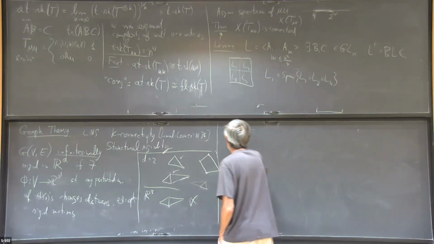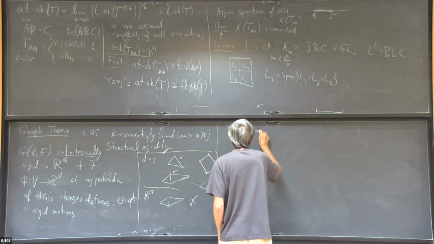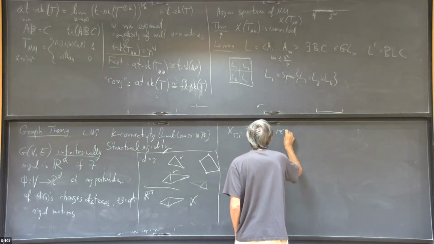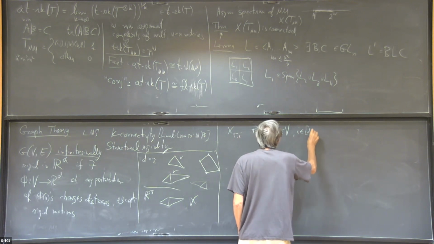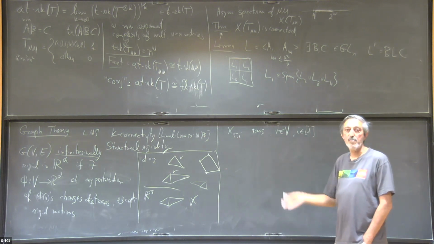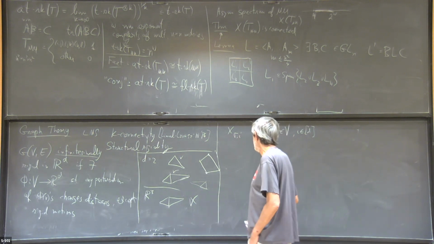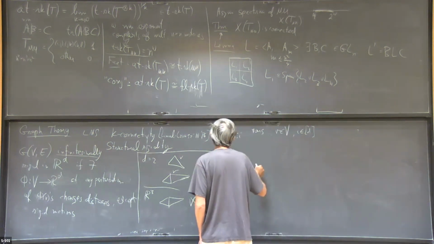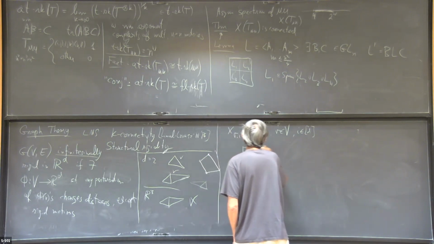So if we let x_{v,i} be variables, where v is in V and i in [d], this is basically the locations that phi gives, but let's call them variables. Then we can draw the following linear space.